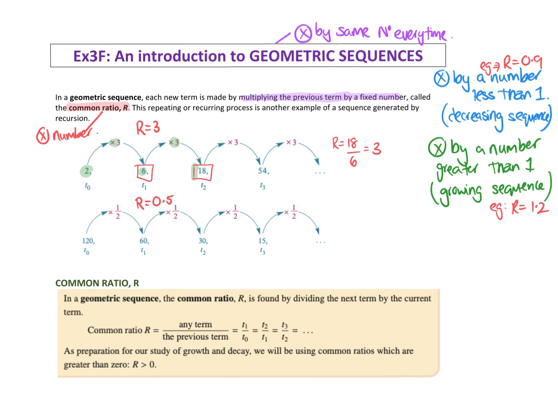So you can see it does work. You'll find the common ratio. And if I looked at this one, 15 divided by the one before, 30, you'll see you get 0.5. Okay, so that's the way you can find the common ratio if you're just given the sequences of numbers.